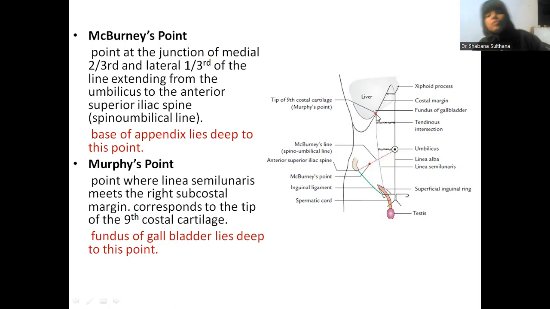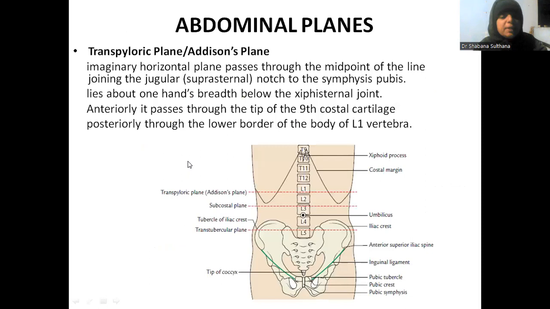There we usually palpate to check if there is any pain in this region. This will be painful if the person has cholecystitis, inflammation of the gallbladder. The fundus of the gallbladder lies deep to this point. So Murphy's point can be 3 marks. McBurney's point is a repeated 3 marks question.